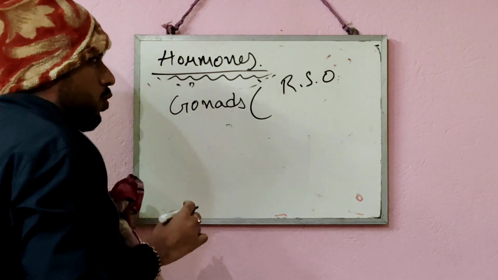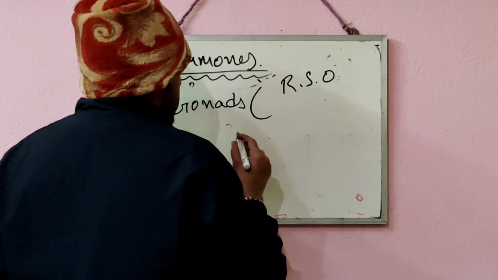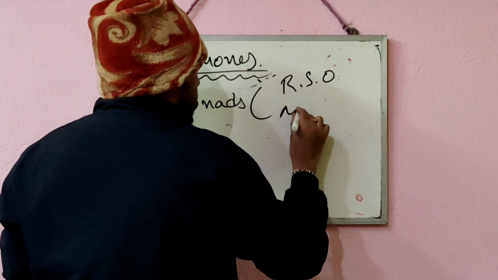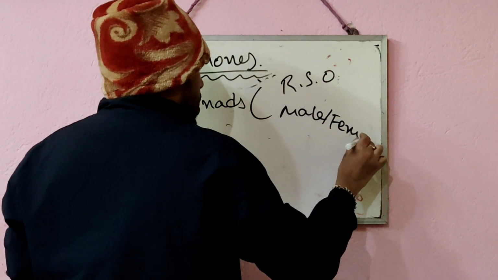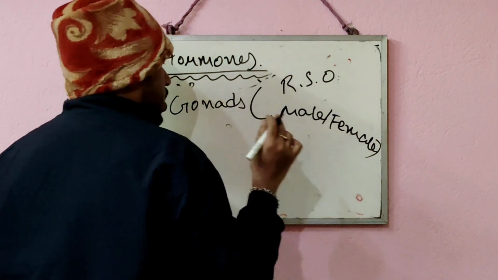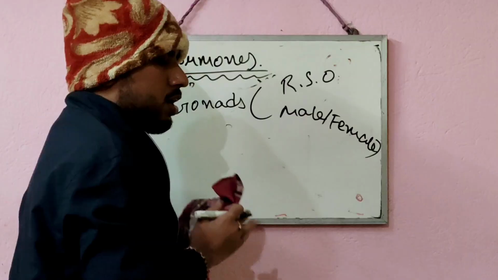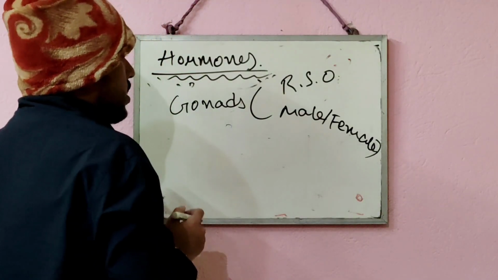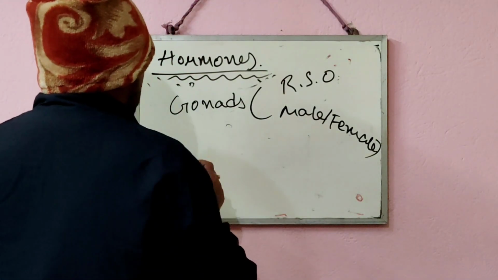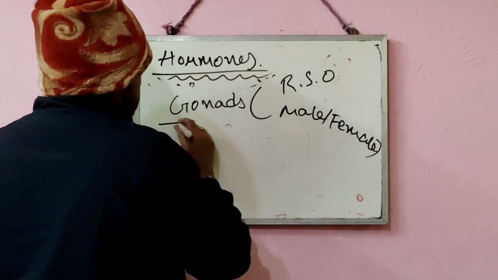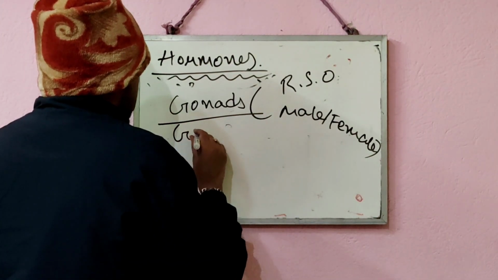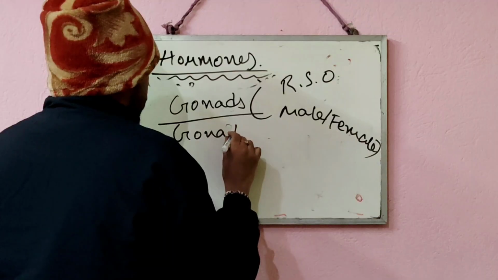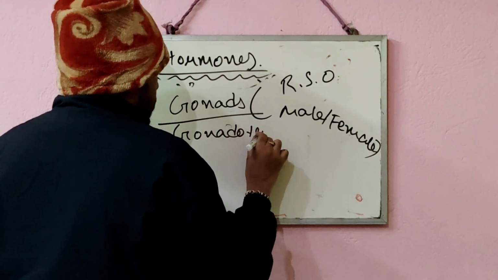We have the male reproductive system and the female reproductive system, and all the organs included in male and female are collectively called gonads. And the hormones generally secreted from the gonads are collectively called gonadotropin hormones.